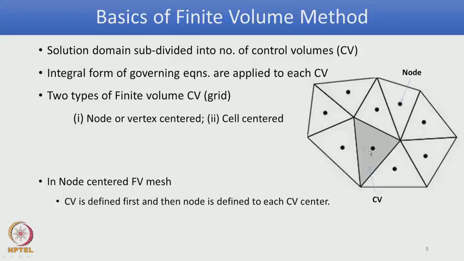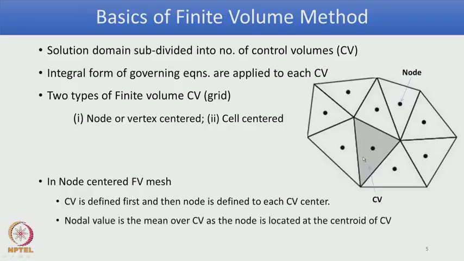If you look at this figure, the black filled dots that I am showing are nodes, and you construct a finite volume around that node such that this node is at the center of the control volume that you have considered. So, we define the CV, then we define the node. How do we define the node? They are all the mean of each phases. This is what is known as a node centered finite volume mesh.